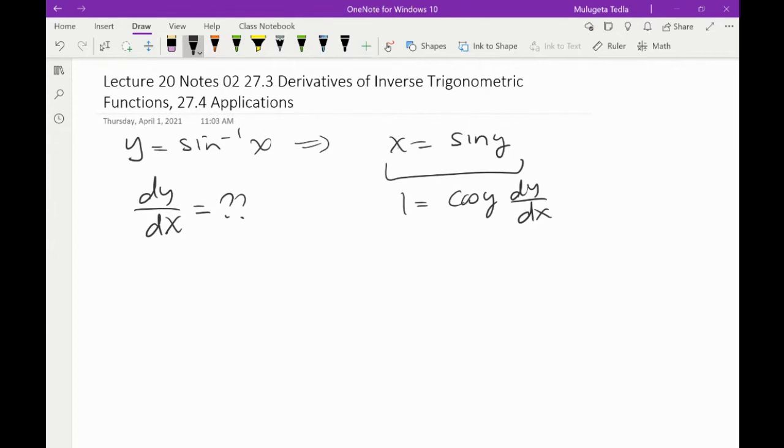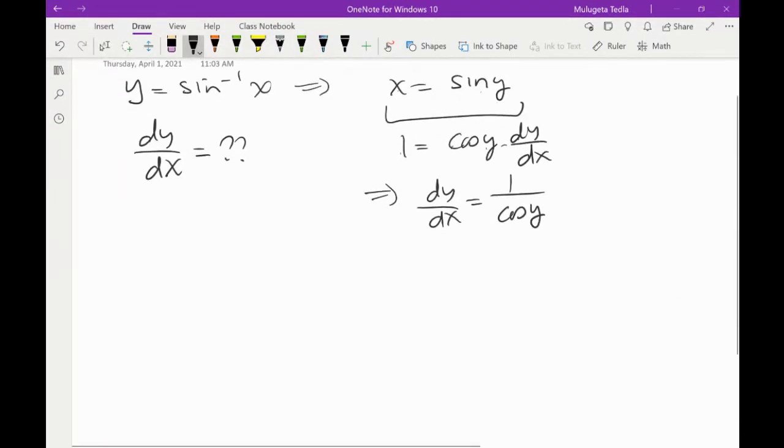When we encounter y, we have to attach dy by dx. So from here, dy by dx is 1 over cos y. Divide both sides by cos y.